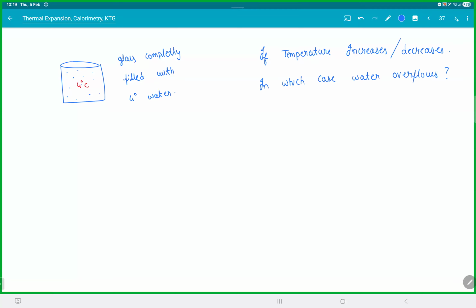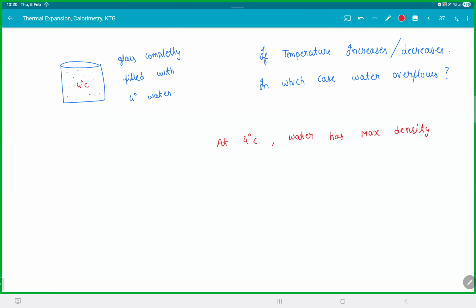Right, Arya. What do you guys think? Nishri, Hari. Yeah, right, Samyak. Again, just think about this. At 4 degrees, water has maximum density. That means it has minimum volume. Whether you increase the temperature or decrease the temperature, in both cases density will decrease.